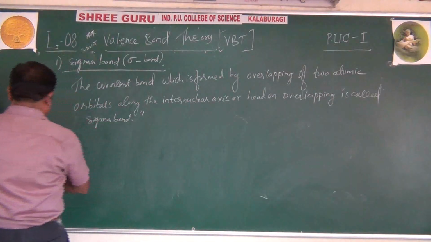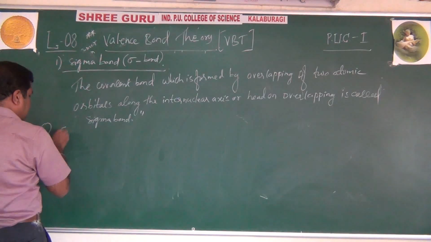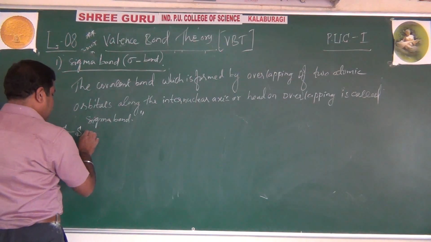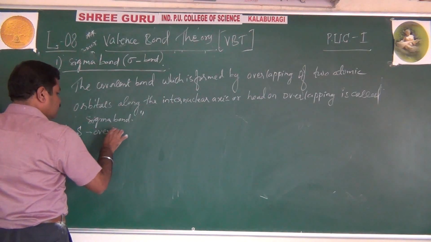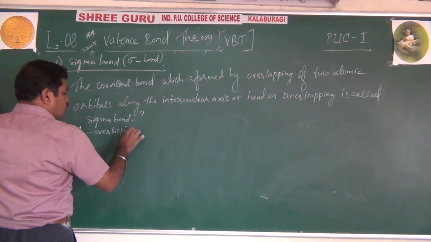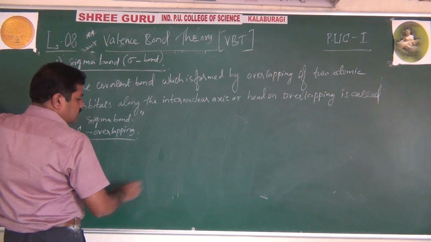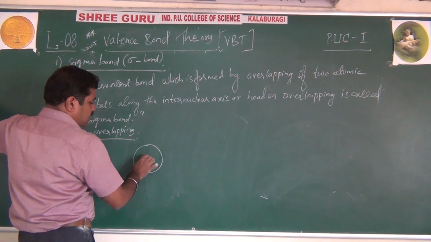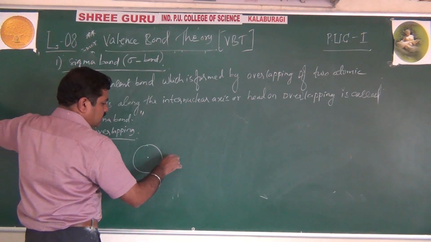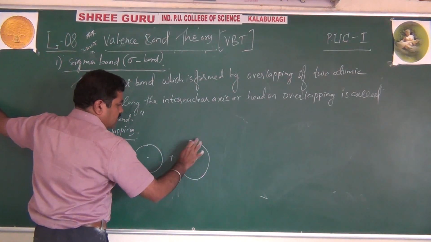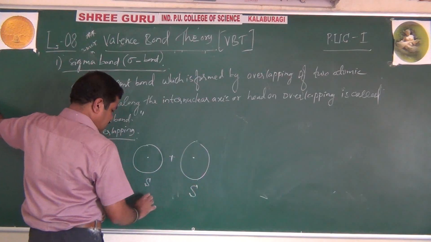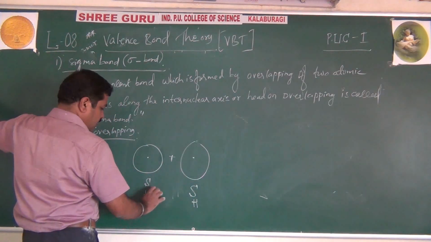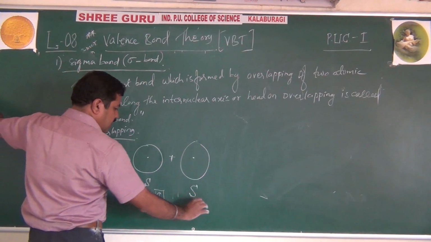First one, SS overlapping. SS overlapping means consider the formation of hydrogen. S orbitals are spherical in shape, that you know. This is one S, this is another S orbital. Let us take hydrogen. Both have an unpaired electron.